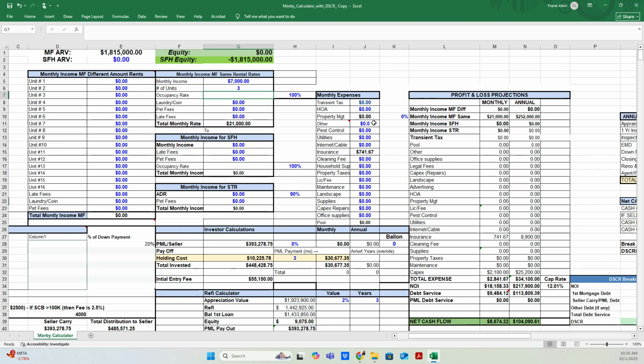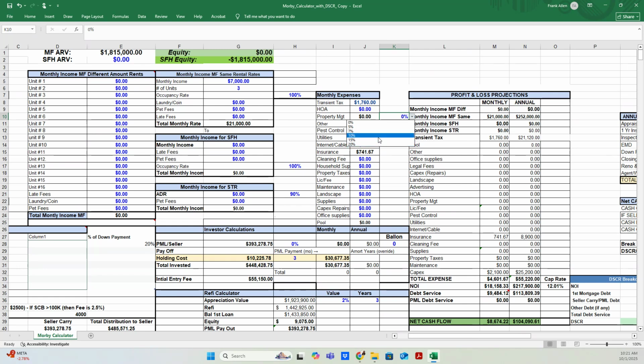Next we move over to the monthly expense report. For this, we show a transient tax of $1,760 a month. There is no HOA. He is going to be the property manager himself. I put 20%, usually 10 to 20% for short-term rentals.